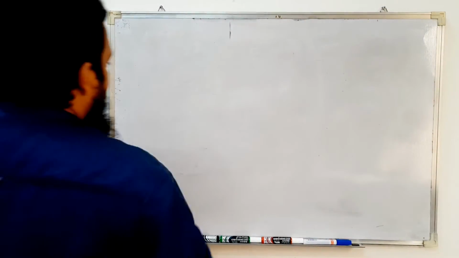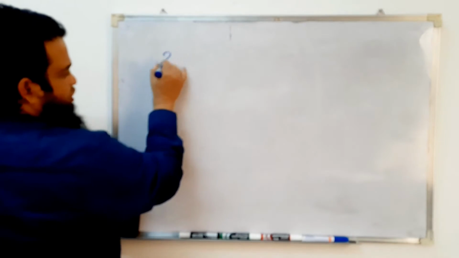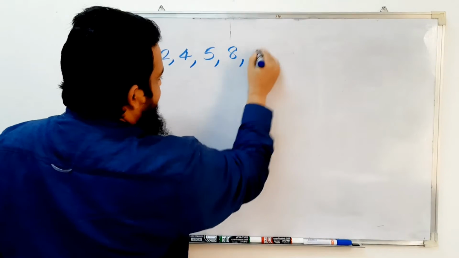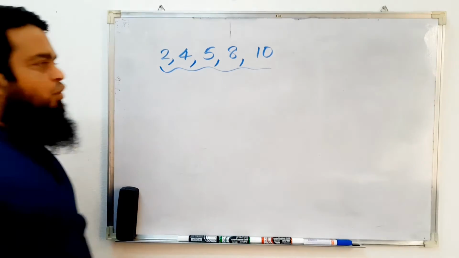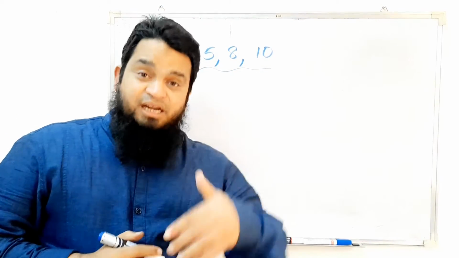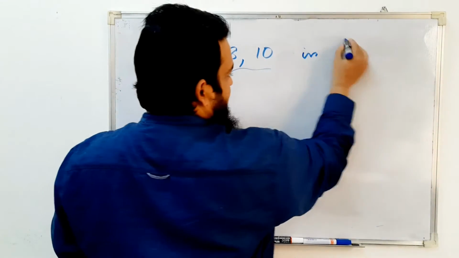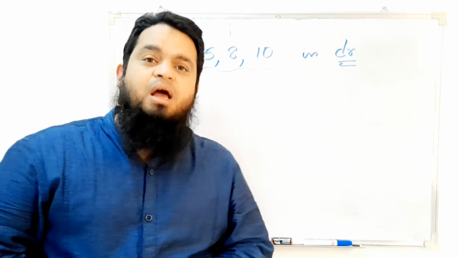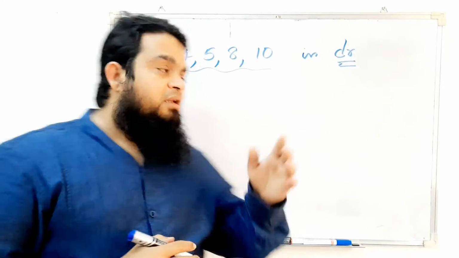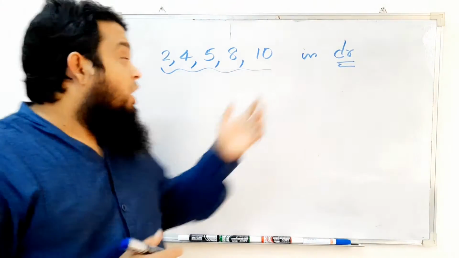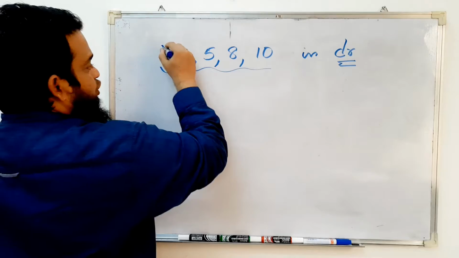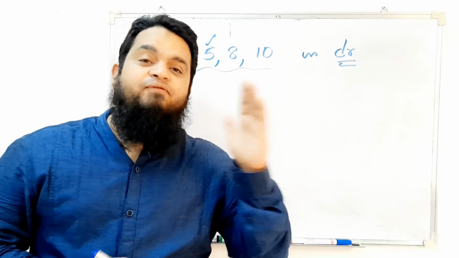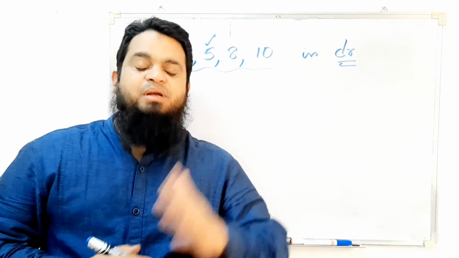If you have denominators 2, 4, 5, 8 and 10, or any denominator whose prime factors are only 2 and 5, then you will get a terminating decimal.